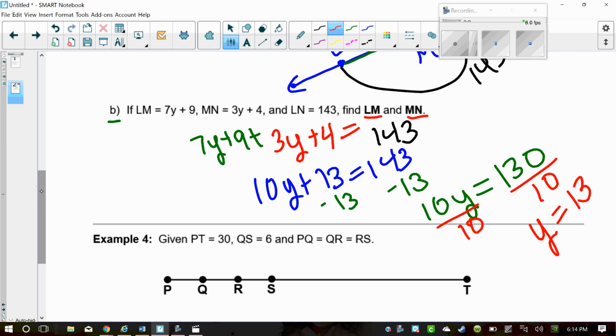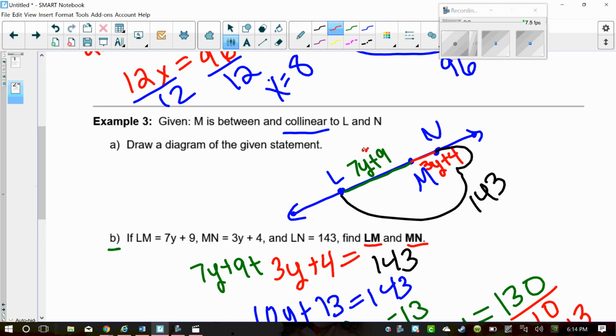So I have to plug in 13 for my y. I have 7 times 13, and then plus 9, right? So let's plug that into our handy-dandy calculator. 7 times 13, and then press enter, and then press plus 9. Or use your parentheses, and you'll get 100.